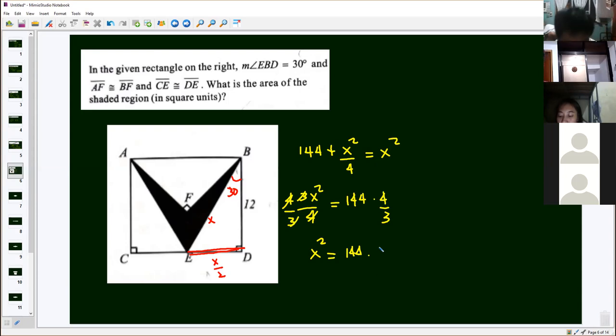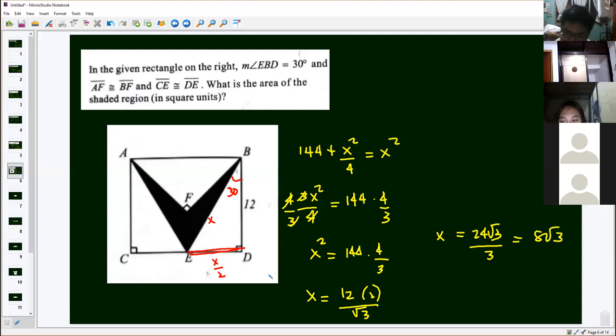And look at this. I'll get X. 144 is 12 square root. Square root of 4 is 2. Then over square root of 3. Right? Now, rationalizing this is 24 over square root of 3 or 24 square root of 3 over 3. It's 8 square root of 3. I need X subs. So that's 4 square root of 3. So let me write it in blue na. So this is 4 square root of 3.